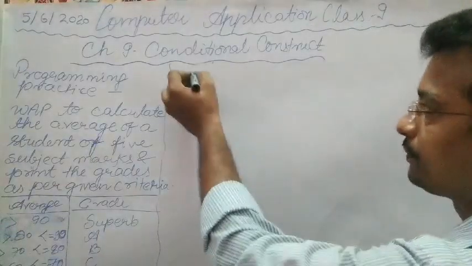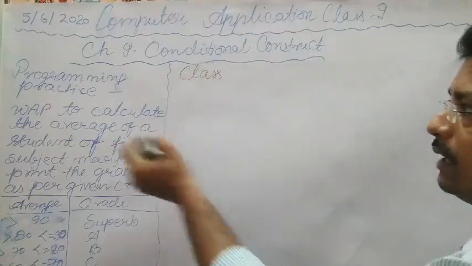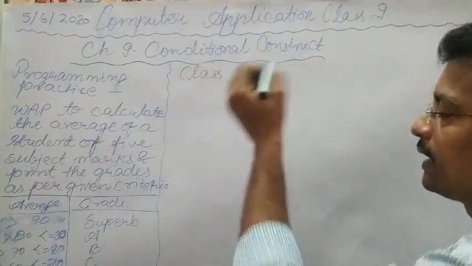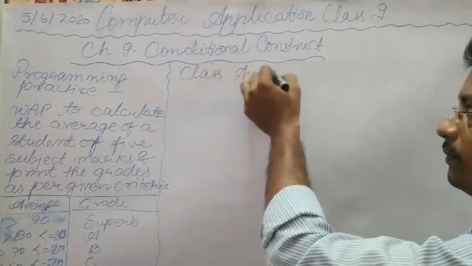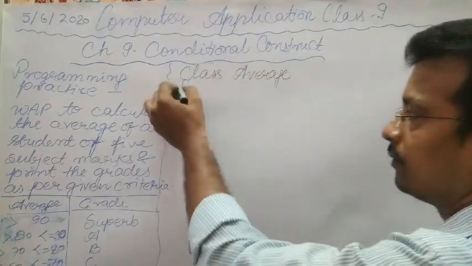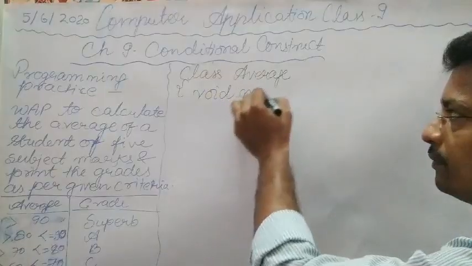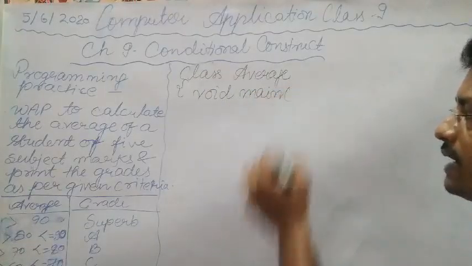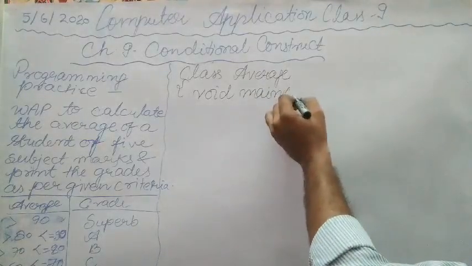First, we will declare a class. The class will be named average. After that, we can take 5 different subject marks by the user function argument.